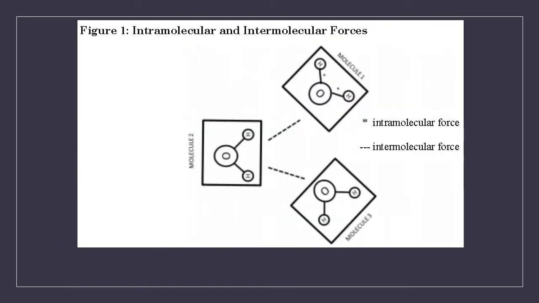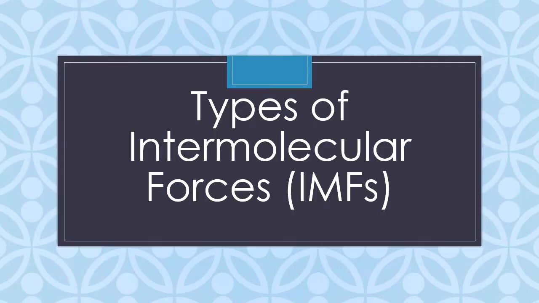Okay, this picture was on your Google Doc. And so our intramolecular forces were, I know it's kind of blurry, inside, connecting the oxygen to the hydrogen, while the intermolecular forces were between them. So just hitting on that point again.